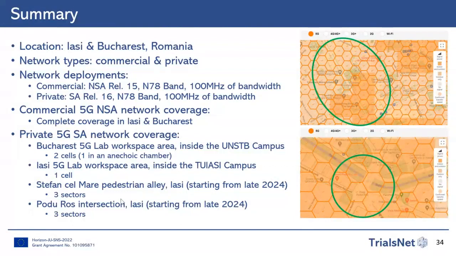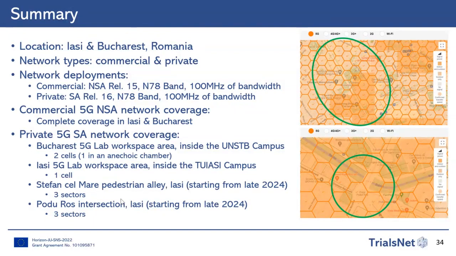Both of the deployments are using the same spectrum of 100 megahertz in the N78 band, so in the 3.5 gigahertz frequency. For the commercial network, we have complete coverage in Iași and Bucharest, while for the private network, we have indoor coverage in our 2 5G labs.